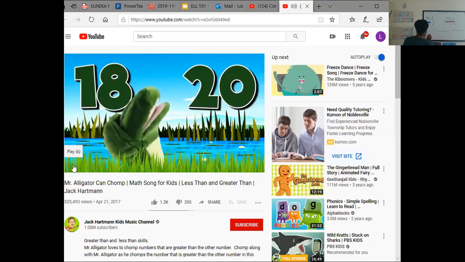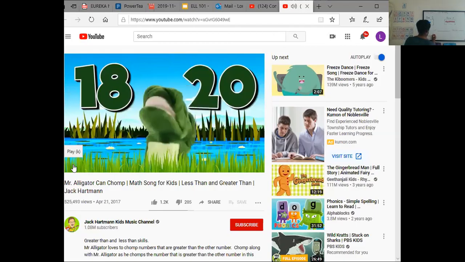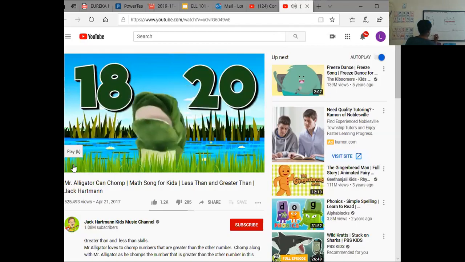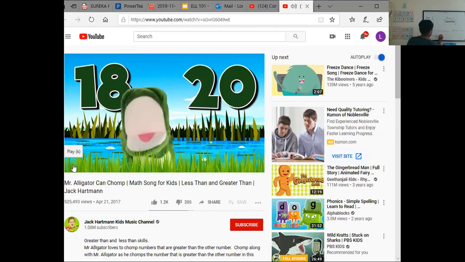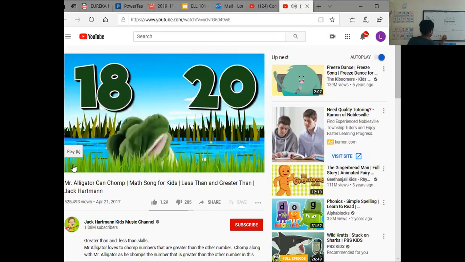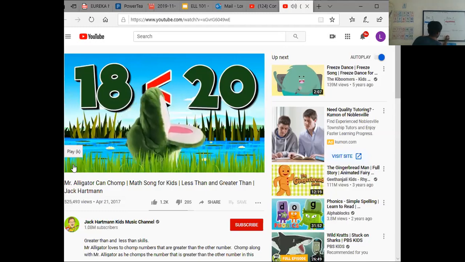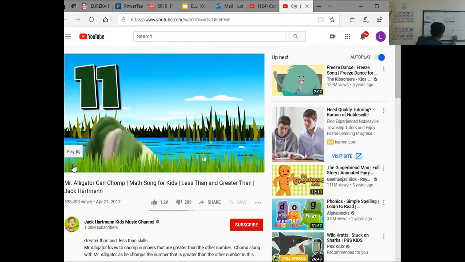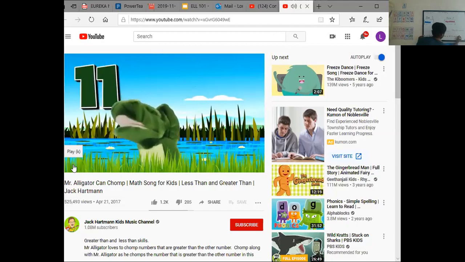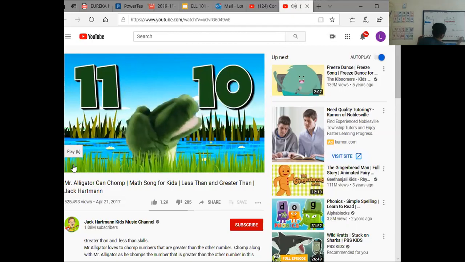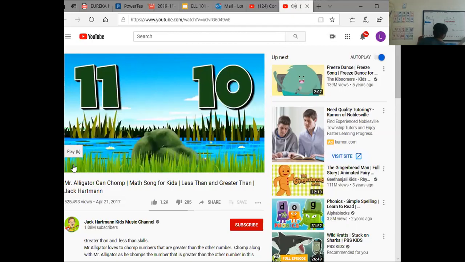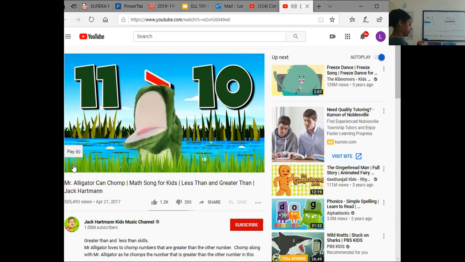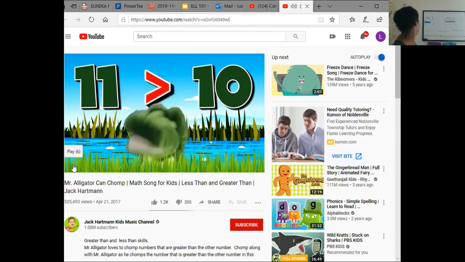This is number 20. Hey, Mr. Alligator, chomp at the number that is greater. This is number 11. This is number 10. Hey, Mr. Alligator, chomp at the number that is greater.